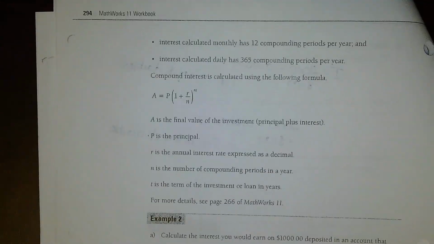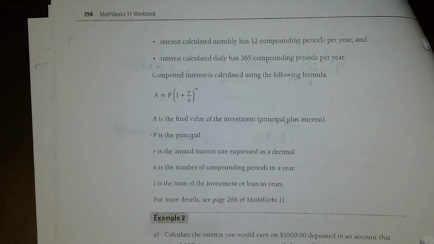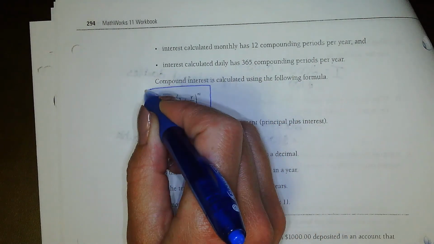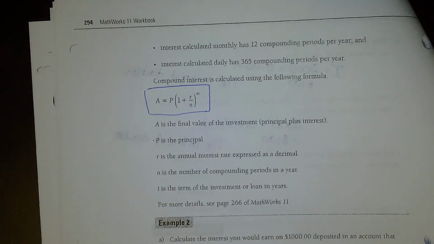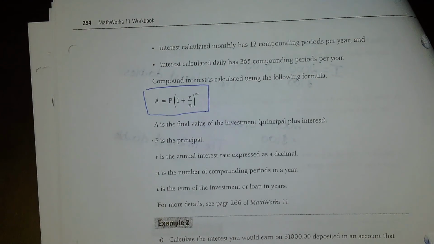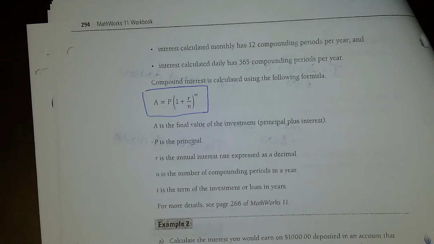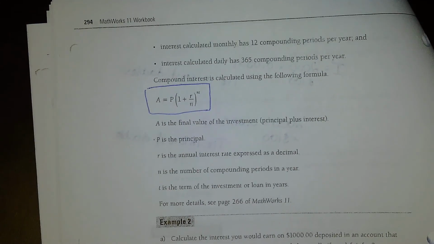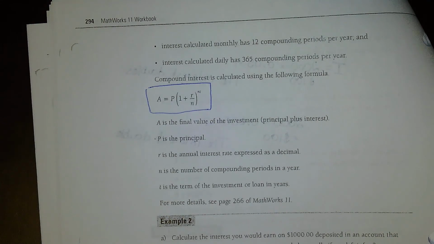Alright, so then there's some very important formulas to keep track of. This is the compounding interest formula. This is one that's not a bad idea to get familiar with, how to use it. I will grab my calculator and show you how to use it on the calculator as well.